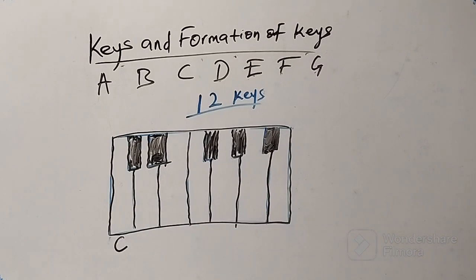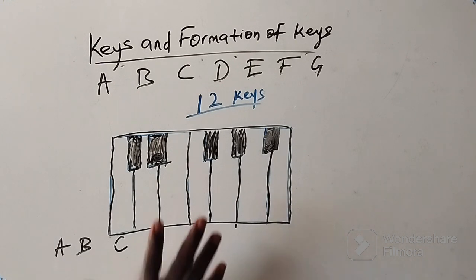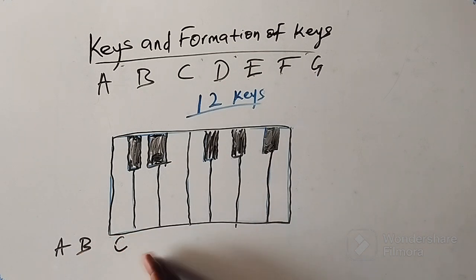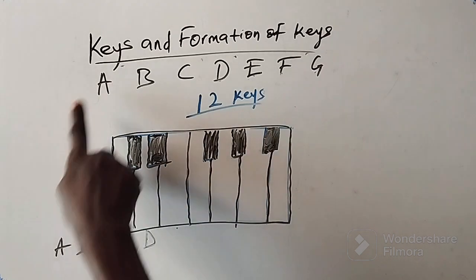And many keyboards, especially the digital keyboards we have, these 5-octave keyboards, start with C. That means if this is C, then we must have A and B at the back of it, because this thing starts with A, B, C. Because in 1 octave in these modern keyboards it starts with C, then this one is D. Just count your A, B, C, D as it is now.